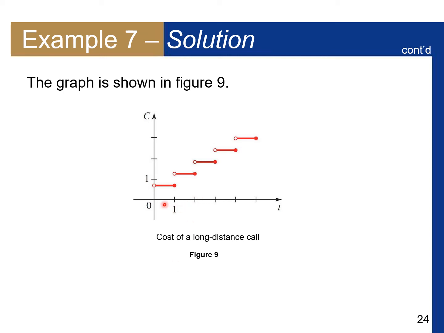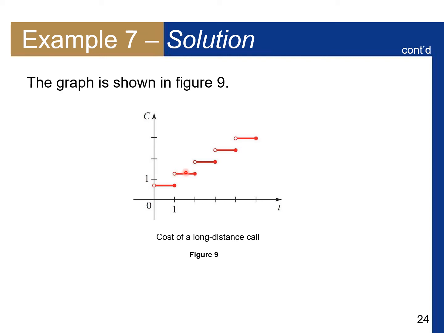Okay, so underneath, from 0 to and including 1 minute, I am charged 69 cents right here. No matter whether I talk 10 seconds or 20 seconds or 40 seconds, as long as it's under a minute, this is what I'm charged. Once I go over 1 minute, it jumps up here and adds another 58 cents.